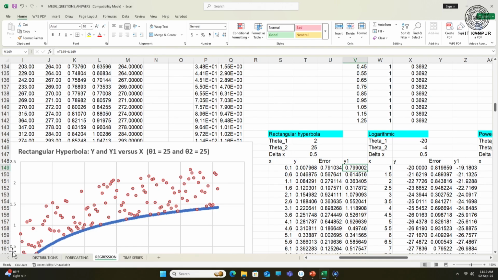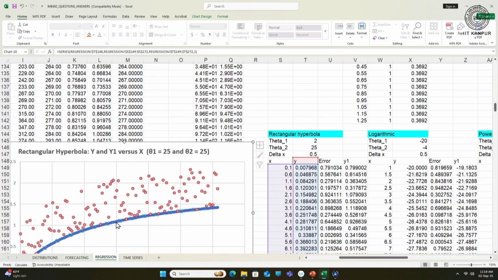So, based on that I plot. The blue line which you have is basically the best fit line, and the red points are basically the y1 value which considers the error. So, based on that idea we generate and find out how the graph looks like.